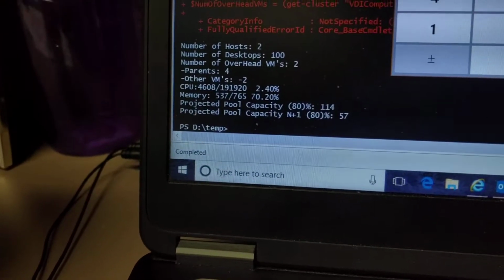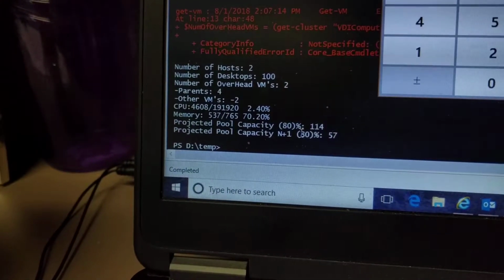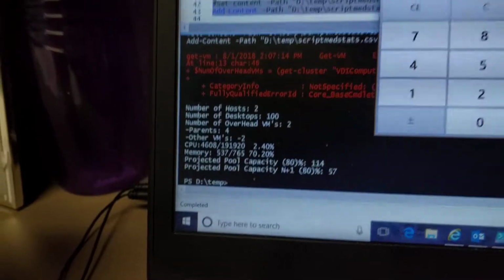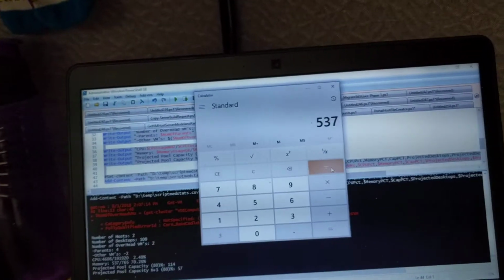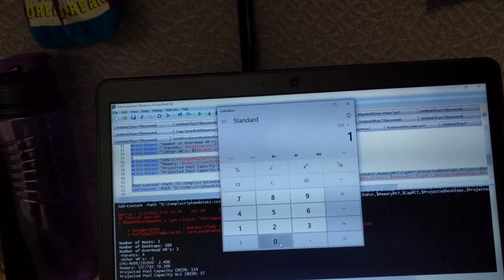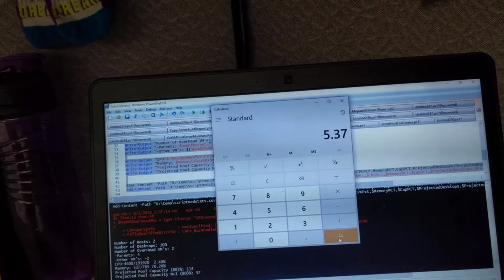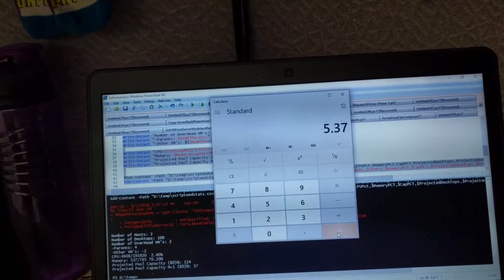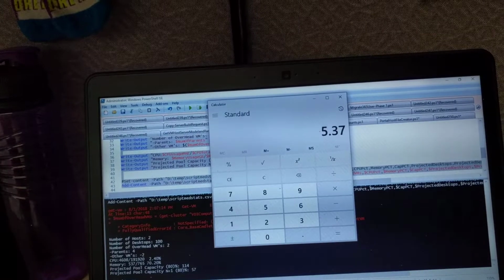Now I've also written a PowerShell script that does the same thing getting those hosts, and it comes up with 537 gig of RAM as well. If we divide that by 100 VMs, we'll see that we're averaging about 5.37 gig per VM.